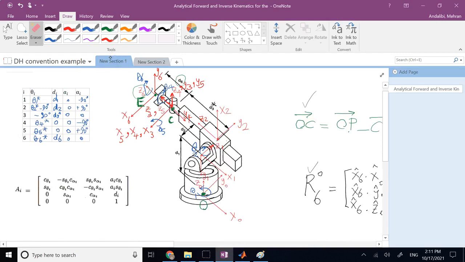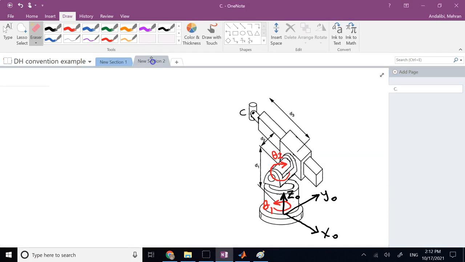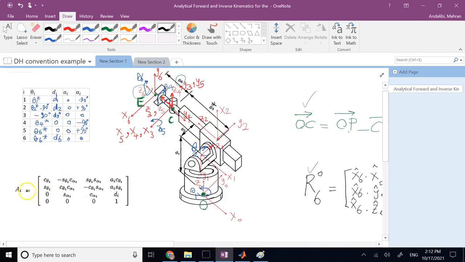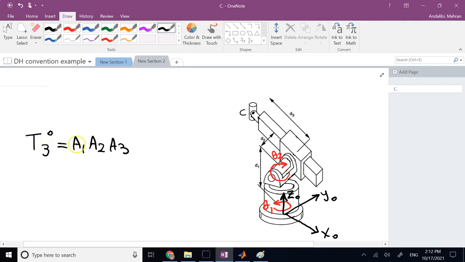So if we go back, clearly you see C is the origin of frame 3. And if it is the origin of frame 3, then I can find the position of it with respect to 0, right? Through T of 3 in 0, which is matrix A1 times matrix A2 times matrix A3. These are DH matrices. So what I need is really to use the first 3 rows, find matrices A1, A2, and A3, and pre-multiply them to get this.